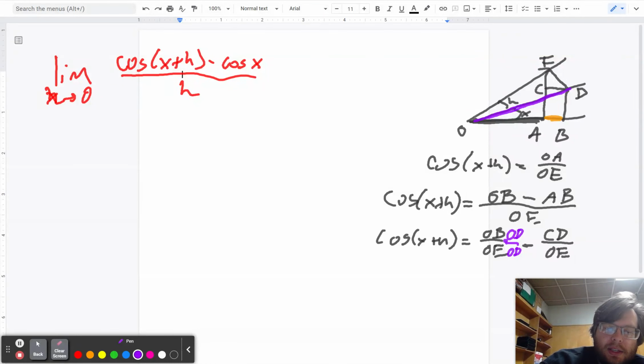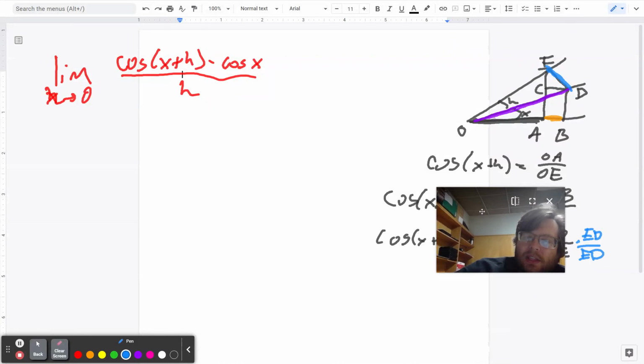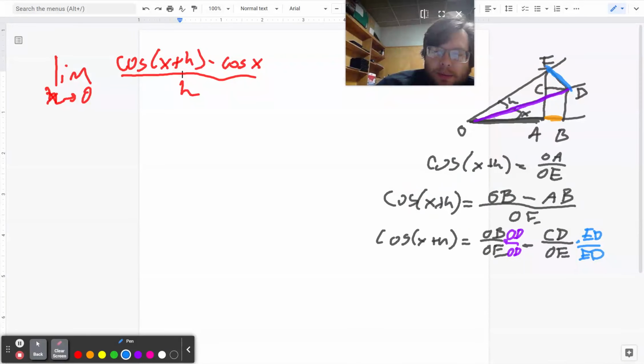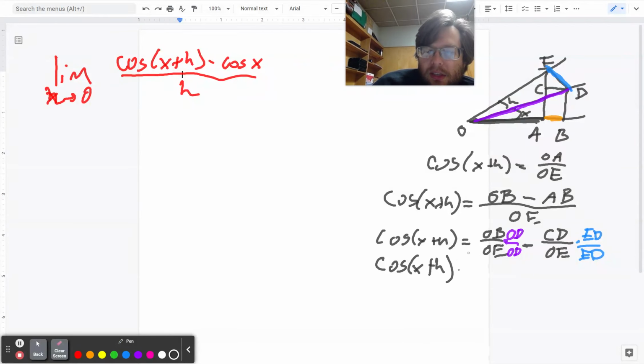And same idea with the other one, CD and OE aren't from the same triangle. But if I look at ED, that connects those two triangles. Now, just like in the last video, I flip-flop my denominators around, and I have a wonderful identity for cosine.